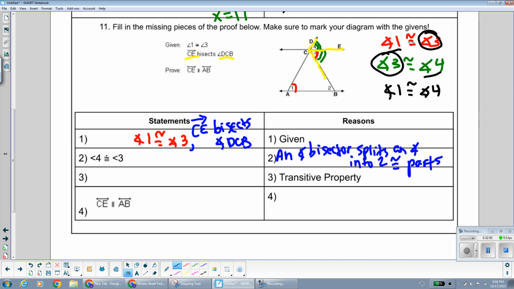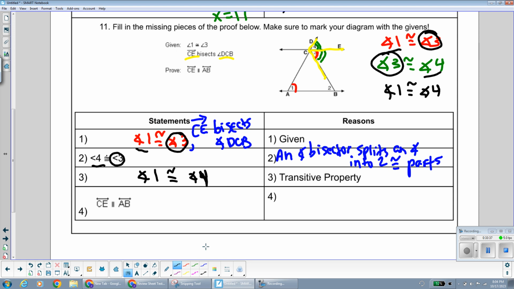When 2 things are congruent to the same third thing, that means they have to be congruent to each other. And I see that here, the transitive property. And our conclusion, or our statement, that goes along with the reason is angle 1 is congruent to angle 4. Once again, angle 1 and angle 4 are both congruent to the same angle 3. So that means they have to be congruent to each other. And we can see that as well in the diagram. Angle 1 and angle 3 are congruent, so are 4 and 3. So angle 1 needs to be congruent to angle 4.